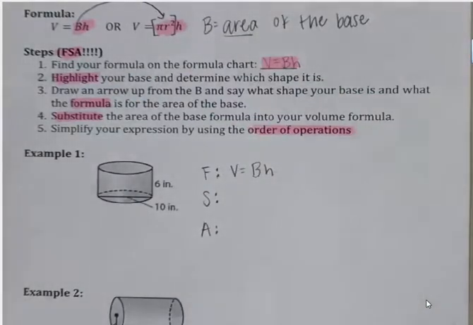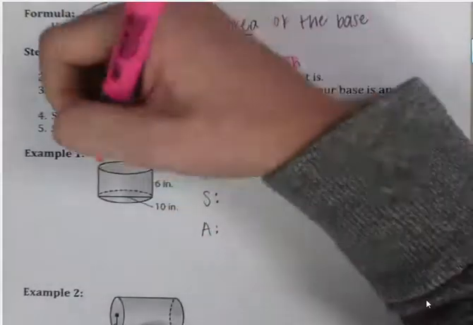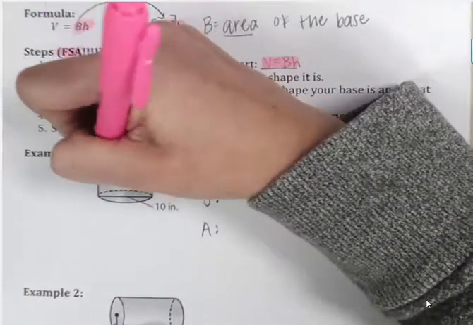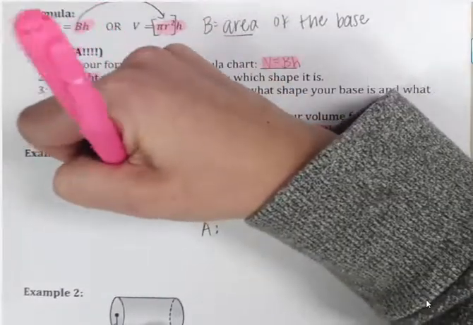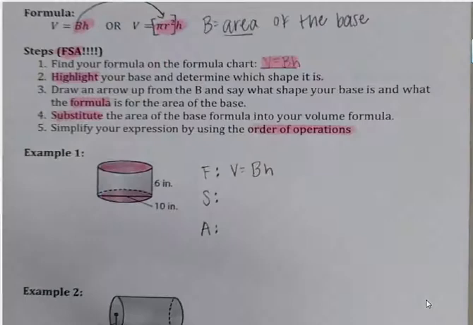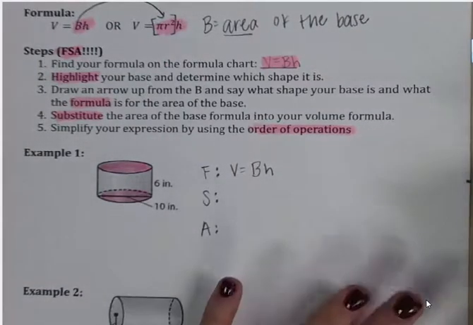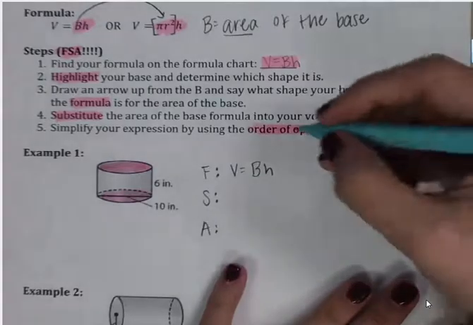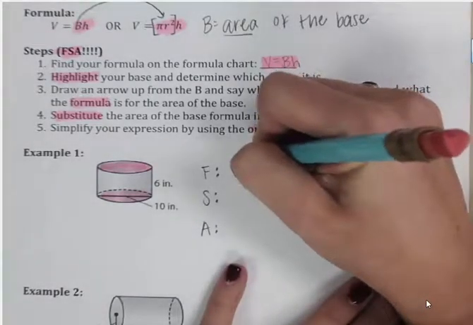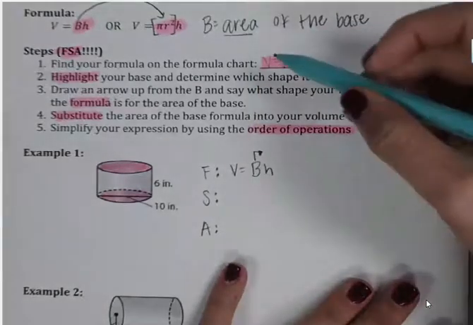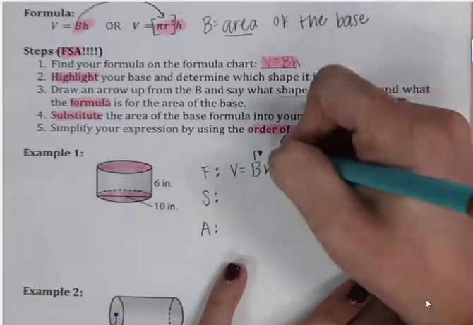So in my picture, I'm going to highlight my bases. And it says determine what shape it is. I see that they're circles. So it says draw an arrow up from the B, and I'm going to say what my shape is. My shape is a circle.